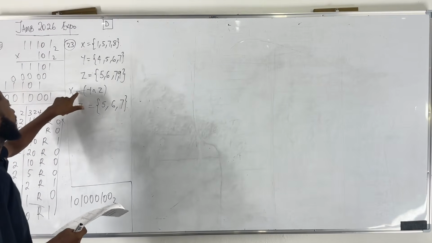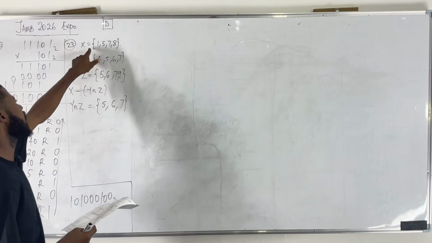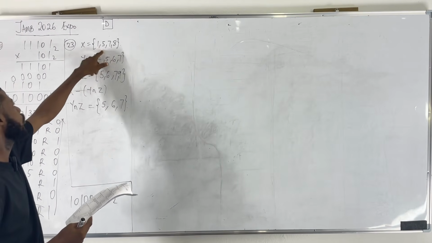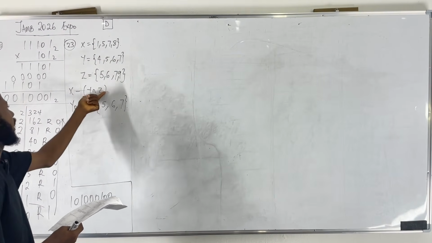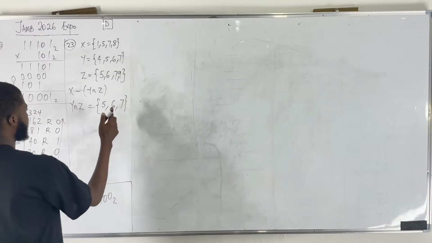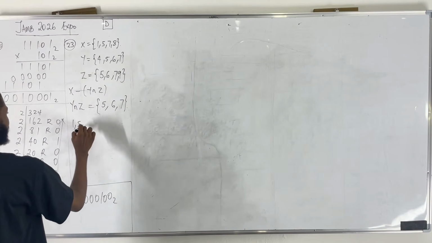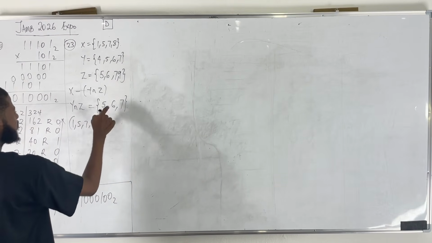Next, we have x minus this very thing. This is our x. What this means is, look at your x and remove what you have in y intersection z. So we have x, which is 1, 5, 7, 8, minus this very thing.